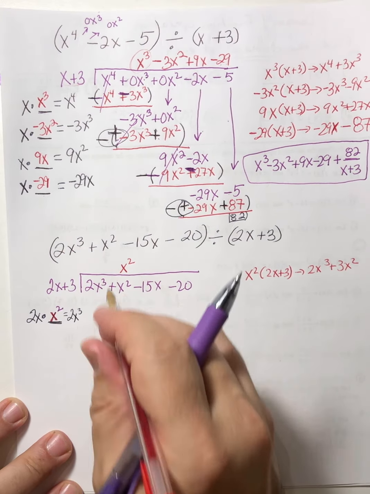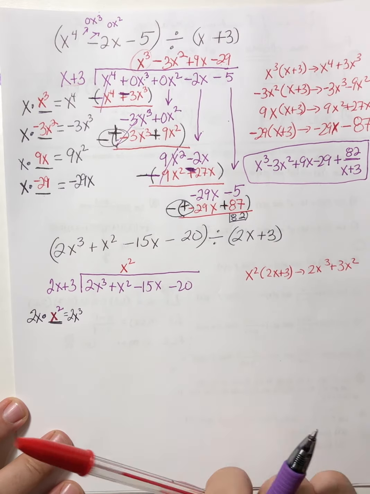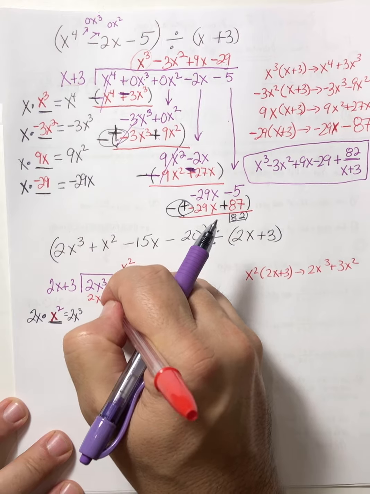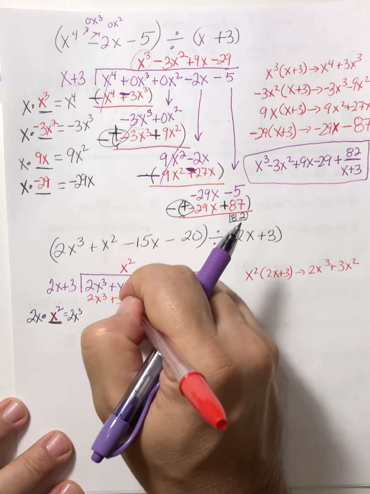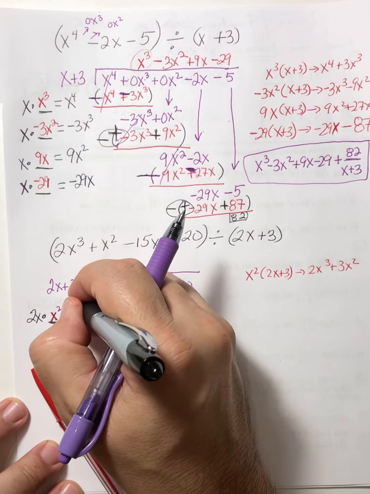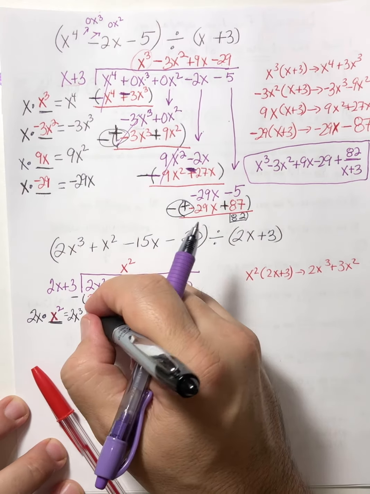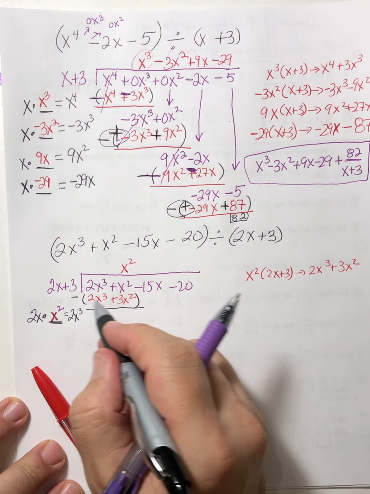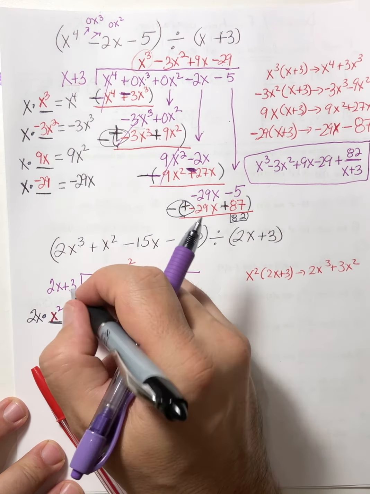And I'll line it up right here. So 2x to the third, 2x to the third, plus 3x to the power of 2. And then what do we do? That's right, we subtract. I got to write a little bigger for you guys, don't I? All right, so then when we subtract, we got to remember, we got to change your signs, distribute the negative.